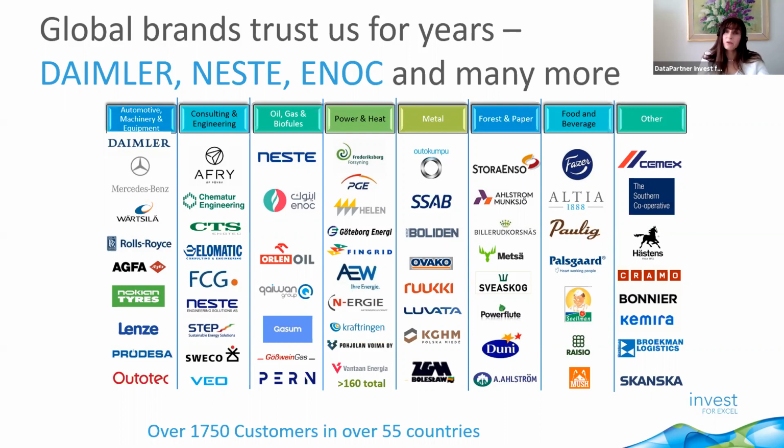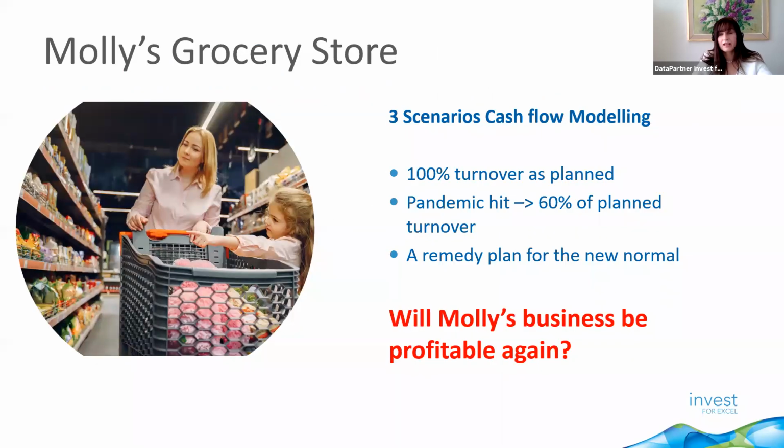So this tool I'm going to use today for showing how easy it is to model the scenario of a retail case. Let's have a look at the details. I'm going to show today a case of a retail store, Molly's grocery store. When Molly started her project, she didn't even know that the virus existed.